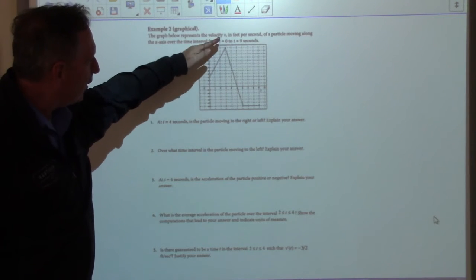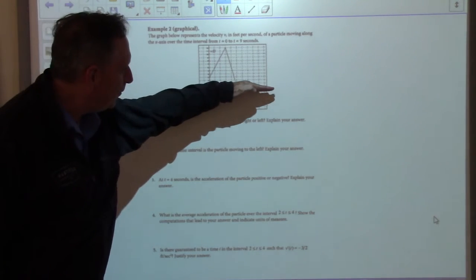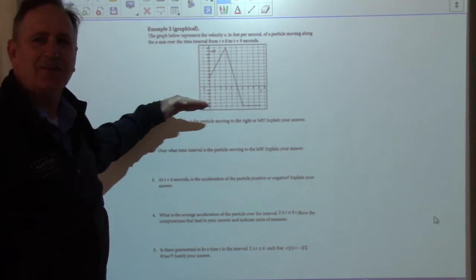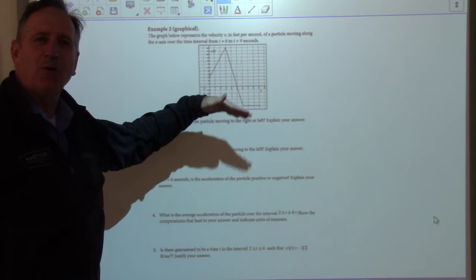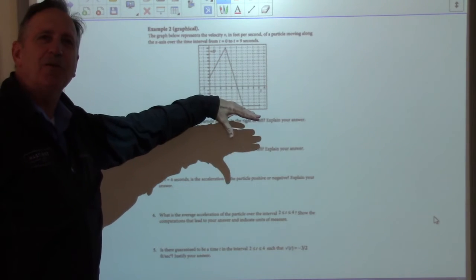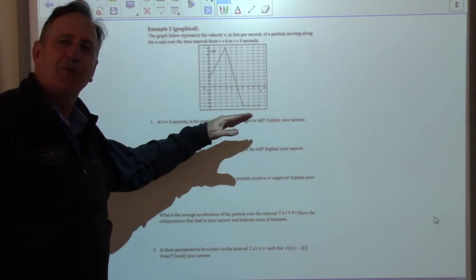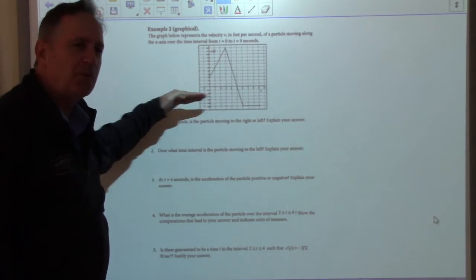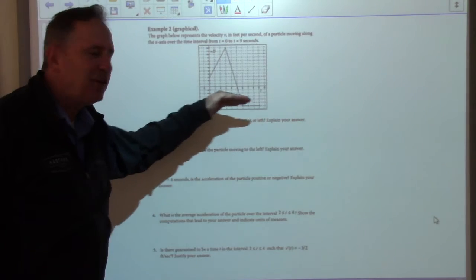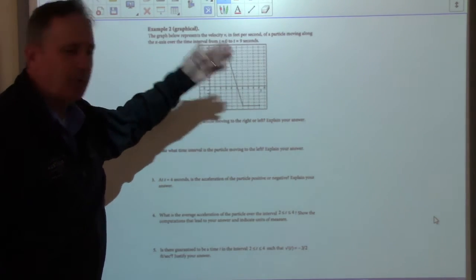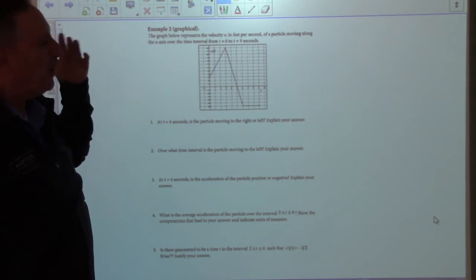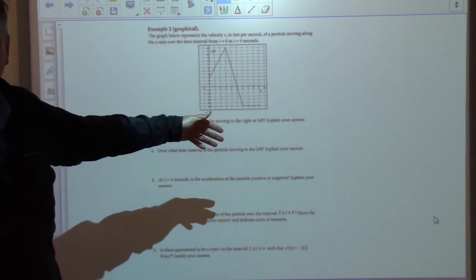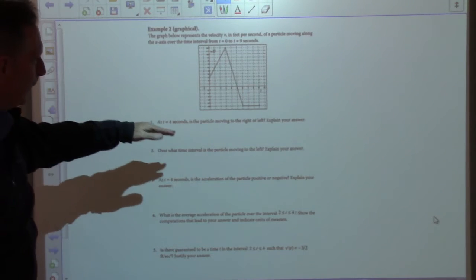So this is a graph of velocity, representing the rate of change of position along the x-axis. So that's what calculus does. It takes us into representations of different dimensions of aspects of something.